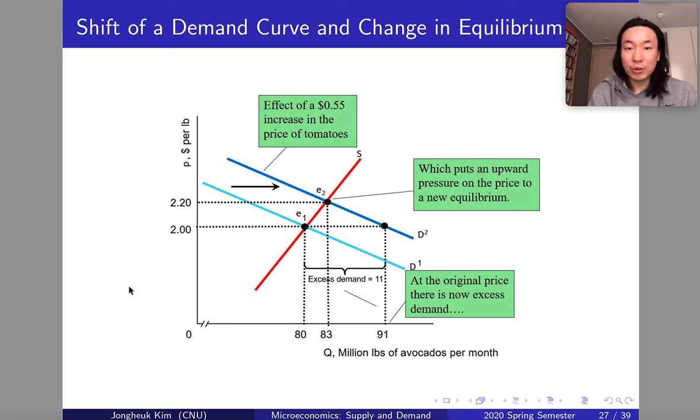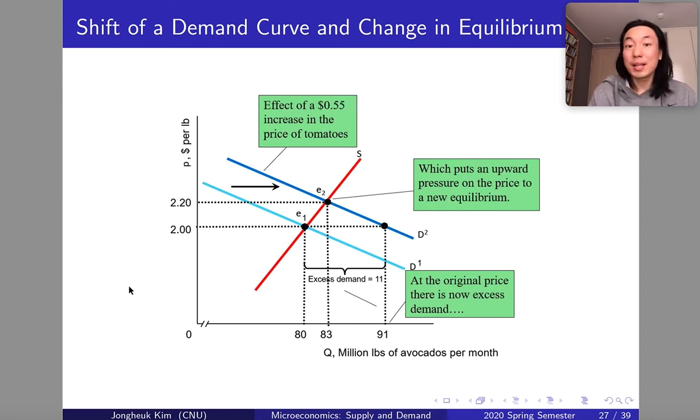Anyway, the avocado and the tomato, in this case, those two vegetables are substitutes for each other, which means that they are competing with each other. So the environment is changed. The price of tomato increases by 55 cents, which means that the tomato is pricey right now.